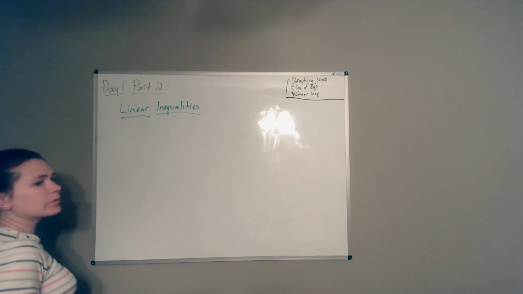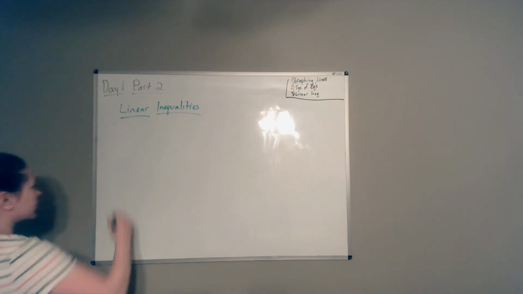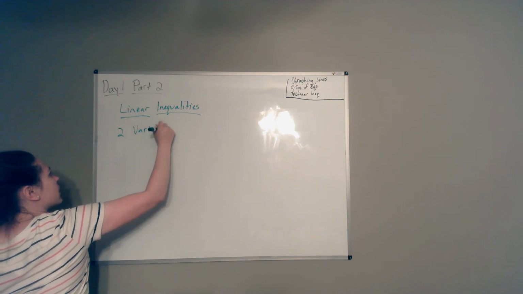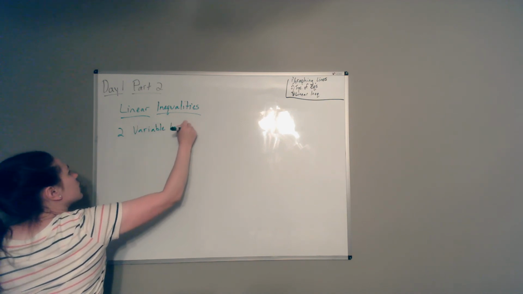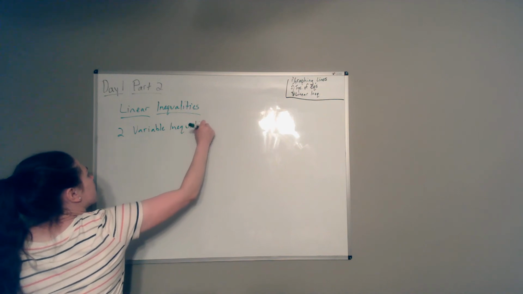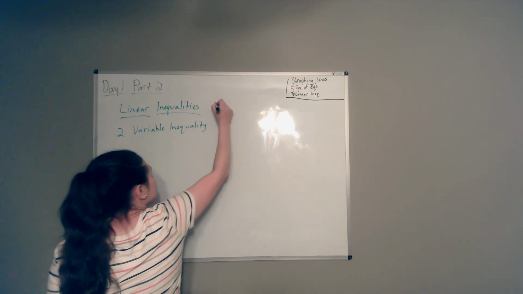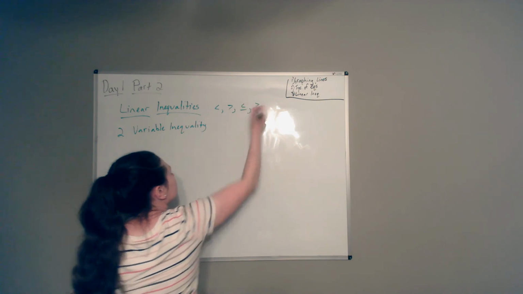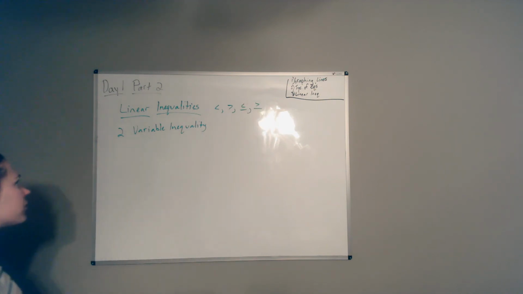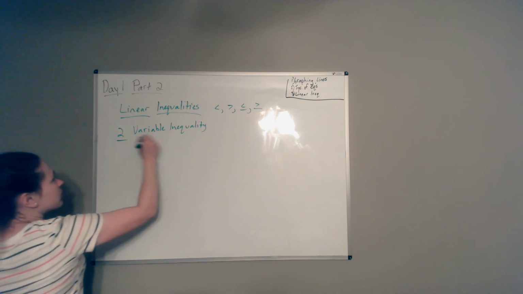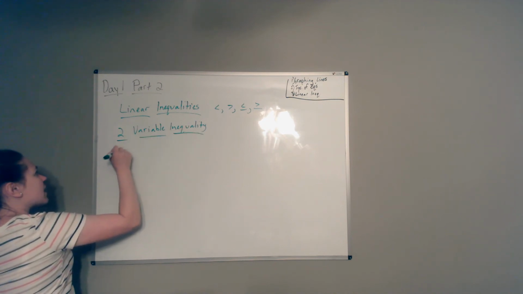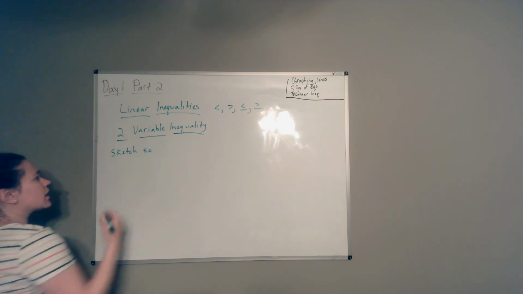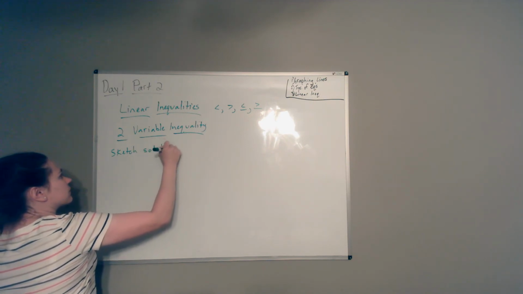We have 2 variable linear inequalities and 1 variable linear inequalities. You should have seen both of these in Algebra 1. So let's go over the 2 variable inequality first. Inequality means you're not going to see an equal sign. You're going to see the less than, greater than, less than or equal to, greater than or equal to symbol. So for a 2 variable inequality, you have to sketch your solution on a coordinate plane.